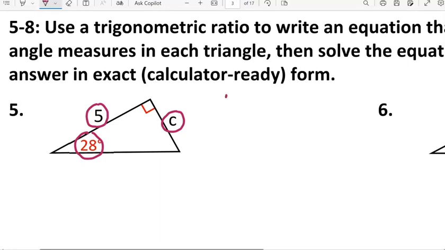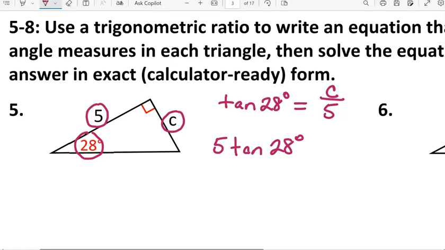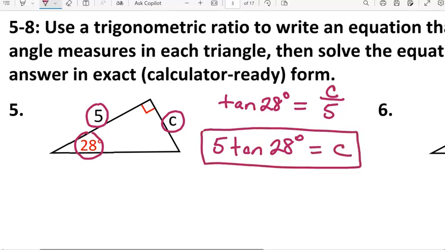So that means that we'll use a tangent ratio because tangent is the opposite over adjacent. So the initial equation is tangent of 28 degrees equals C divided by 5, the opposite over adjacent. We can multiply both sides here by 5. So 5 times the tangent of 28 degrees is equal to the length that's represented by C. That's our calculator ready form.